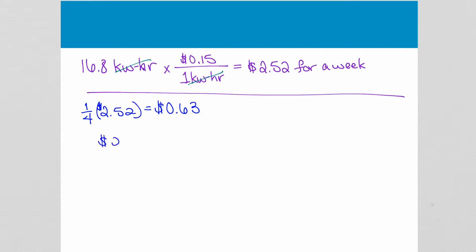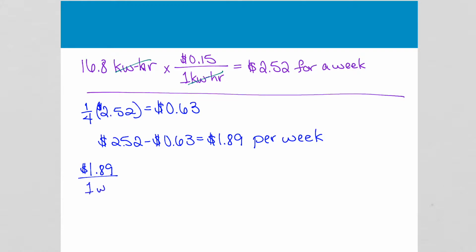That's a savings of $1.89 per week. That's pretty good. So how much is this LED bulb saving us for a year? Well, it's $1.89 for 1 week.